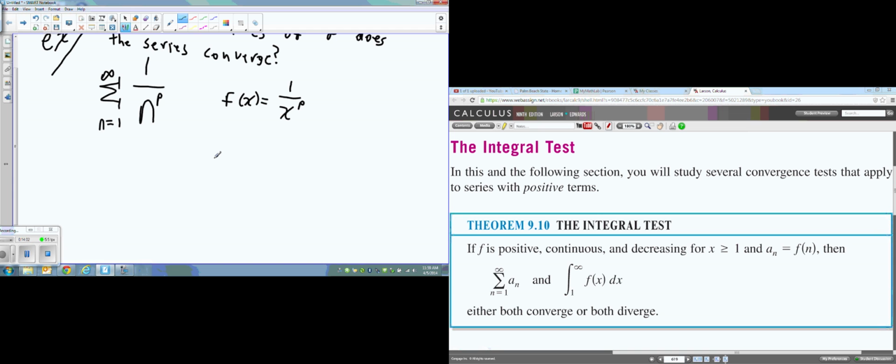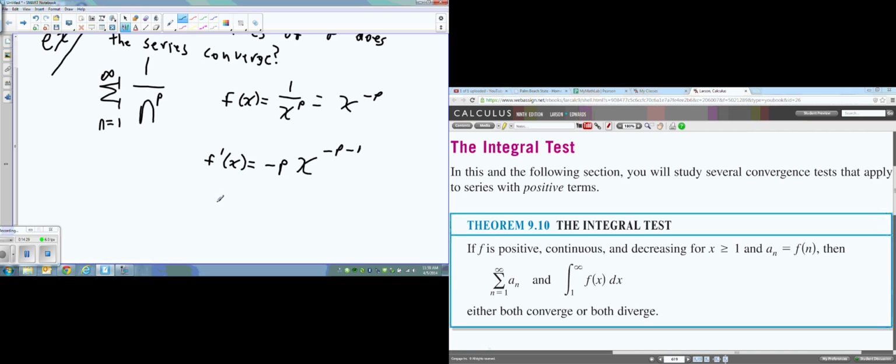So let's take the first derivative of this. f prime of x would be equal to, well, the original function is equal to x to the negative p. So to take the derivative, I'd multiply by negative p in front, and I take 1 away from negative p. So I get this. This would be the derivative.